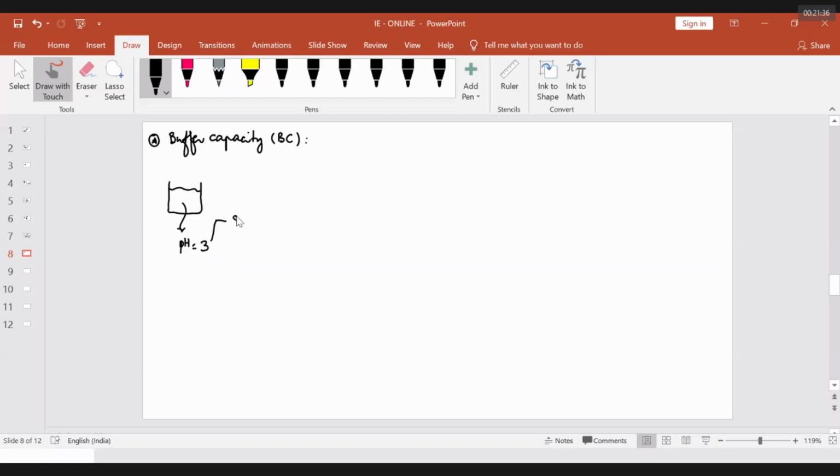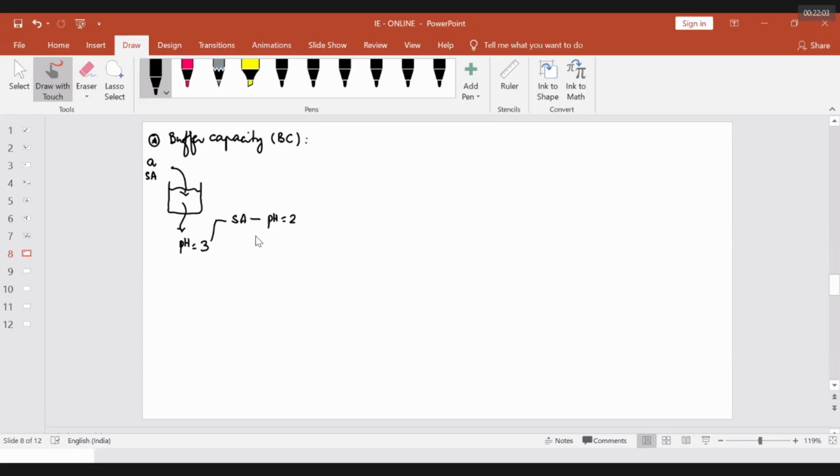Now rule number 1: what is happening? He is adding strong acid. Whenever he is adding strong acid, because he is a chemistry person, he will add 1 mole of strong acid. Check the pH. Sir, it is not changing. Very good. 2 moles, sir, not changing. 3 moles, sir, not changing. Suppose when you have added a moles of strong acid, pH is becoming 2.